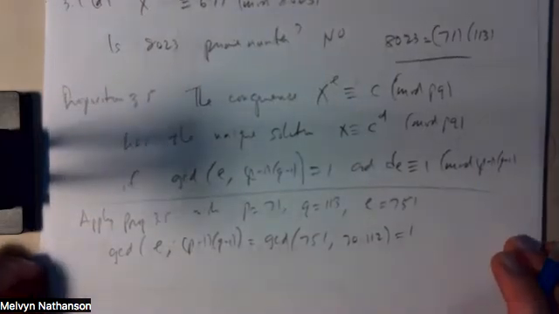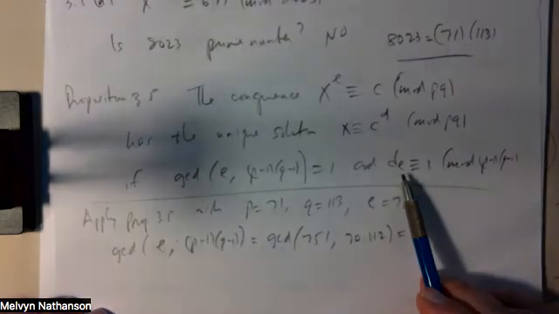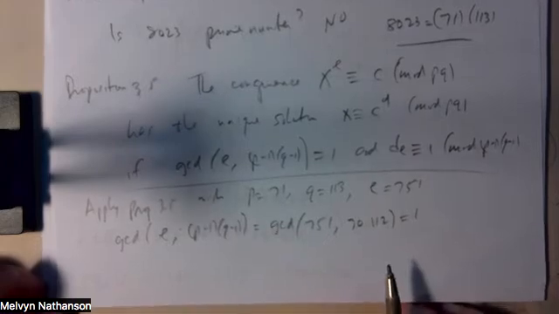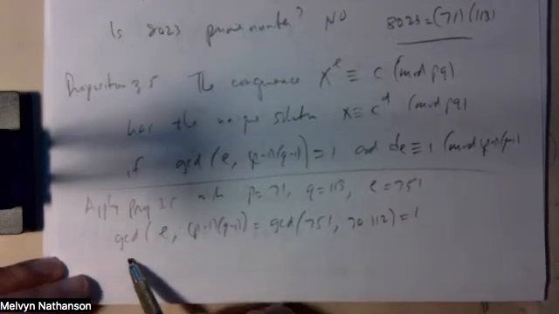So if I can solve this congruence, de congruent to 1 mod (p minus 1)(q minus 1), I can find the solution. So I want to solve the linear congruence.